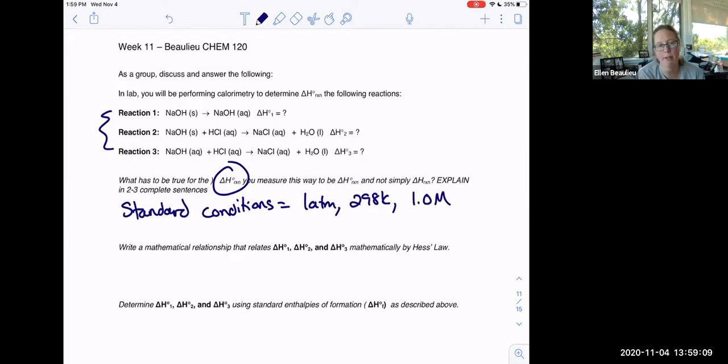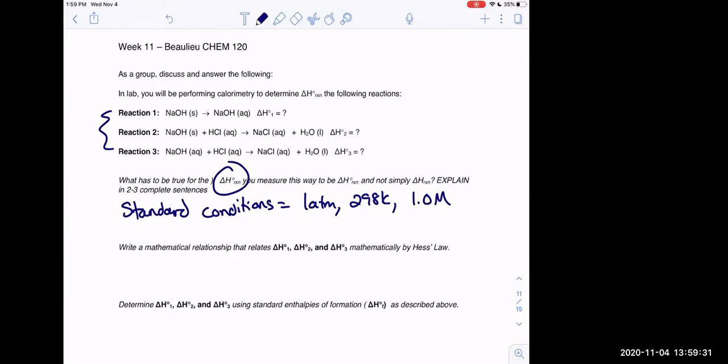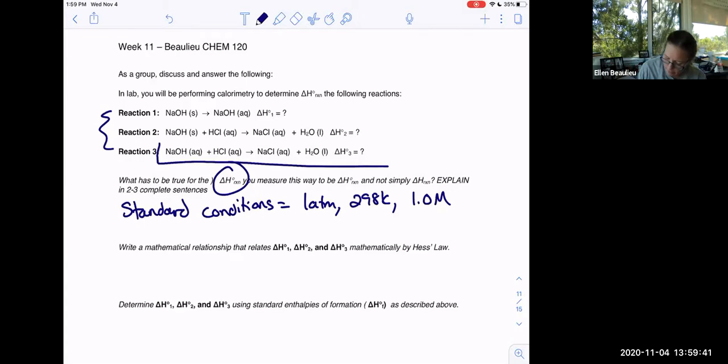I'm going to let you all talk this out amongst yourselves as a group. I'll tell you right now, let's not make reaction 1 be the net. Pick reaction 2 or 3, whichever one you want. How do people feel about 3? Okay, Gerardo has weighed in. He says this is going to be our net. That's the one we want to know.